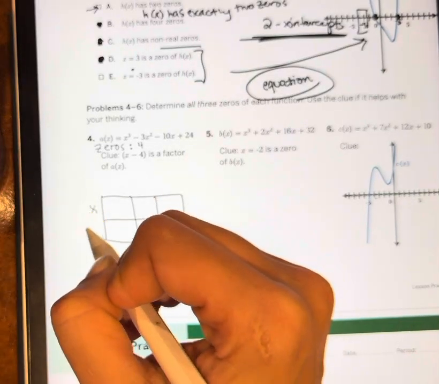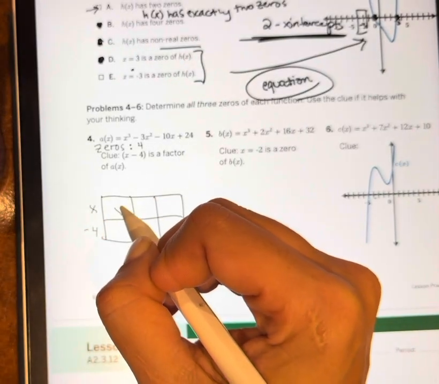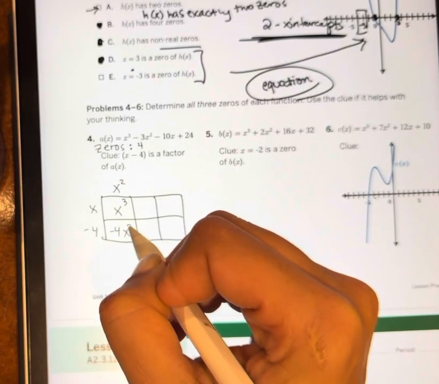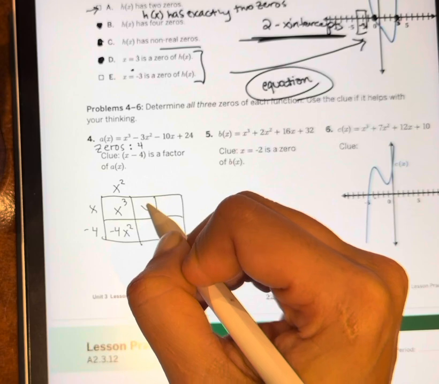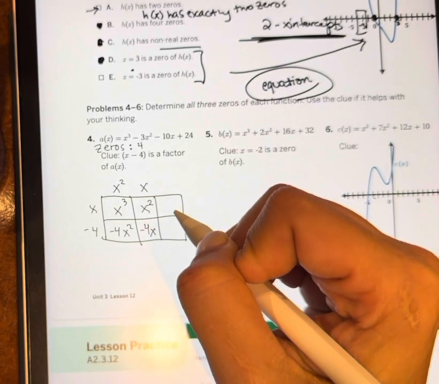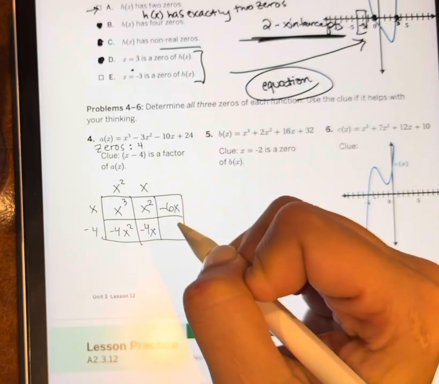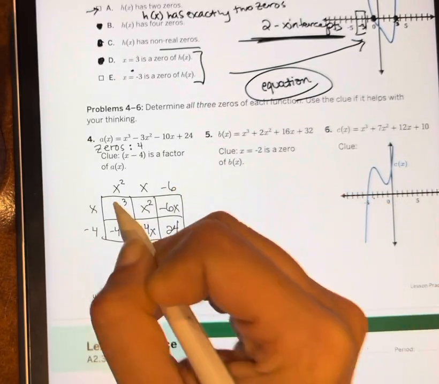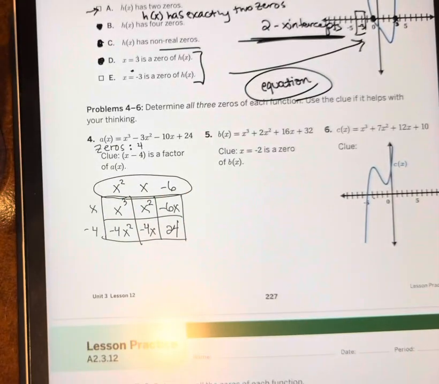And now if I take x minus 4 and I divide it into this, I should get a more manageable, very manageable quadratic polynomial to find more factors, to find more zeros.